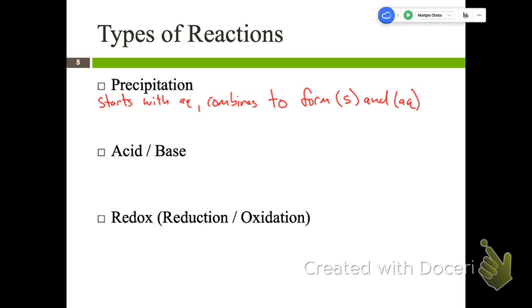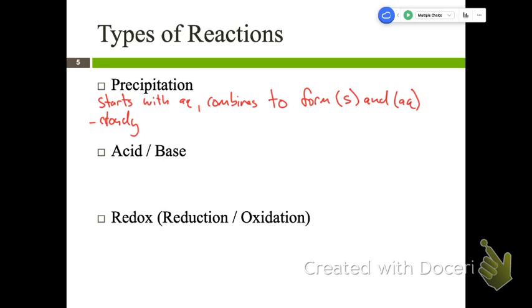It can be based on something you saw, something you've done. Have you seen these types of reactions before? What do they look like when they happen? So that solid, when it forms, it's not just a big chunk that falls to the bottom, right?